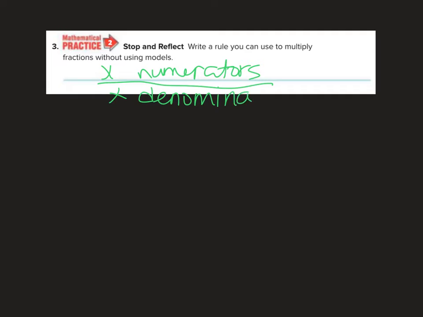Write a rule you can use to multiply fractions without using models. Multiply numerators over multiply denominators. Right? Which is the same thing that we did when we were multiplying by whole numbers.